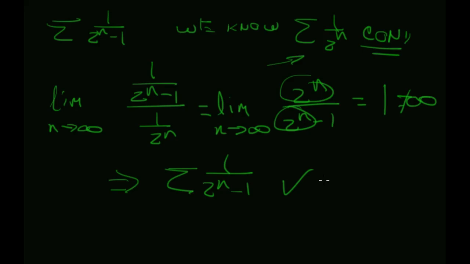All right, so let's look at another one, and let's look at one where it diverges. Okay, so let's test the series where we have 2n squared plus 3n over the square root of 5 plus n to the 5th.